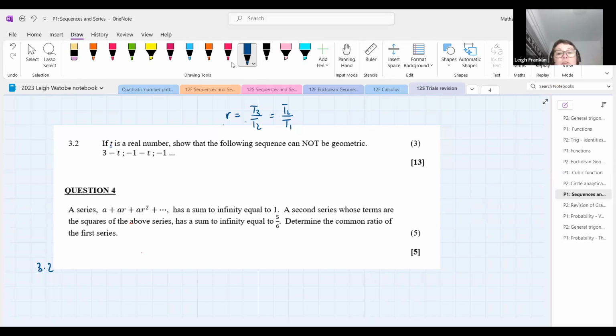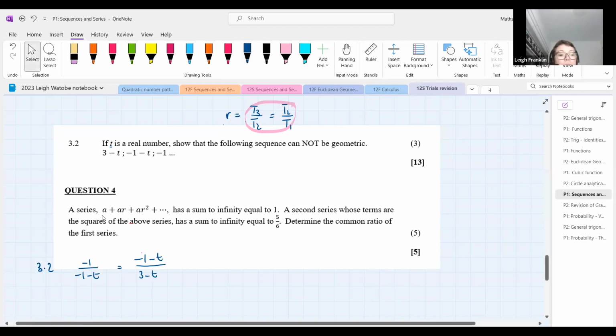So if we use this structure for r and sub into that, term 3 is -1, term 2 is -1 minus t, then that is equal to term 2, which is -1 minus t, over term 1, which is 3 minus t.